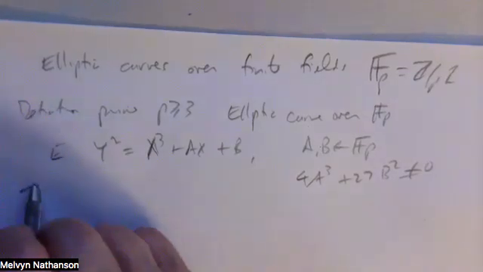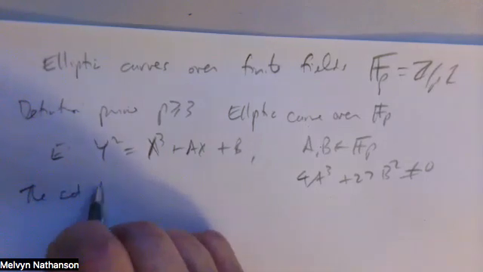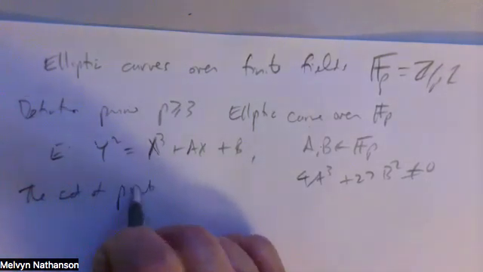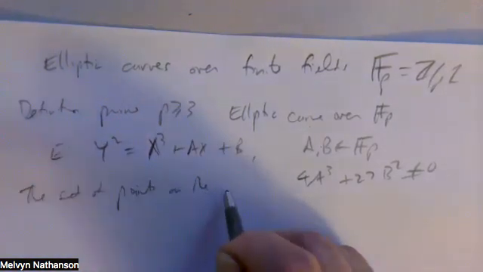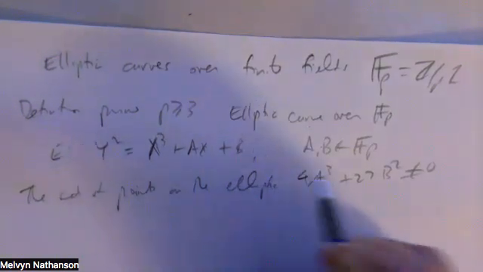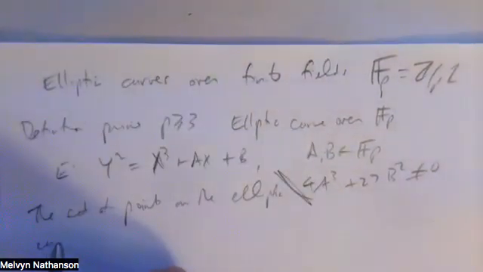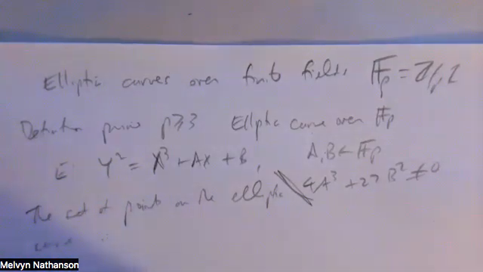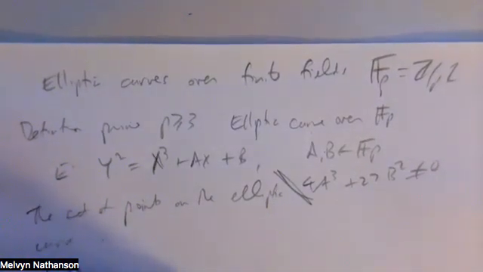And the set of points on the elliptic curve is E of Fp.